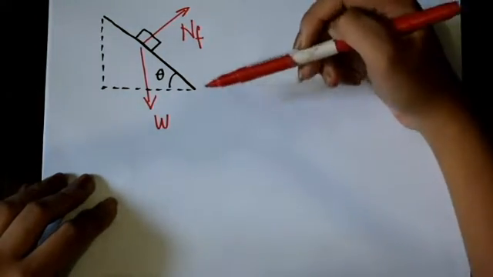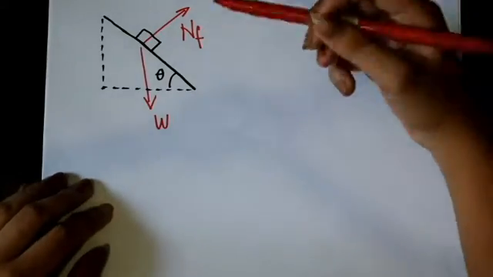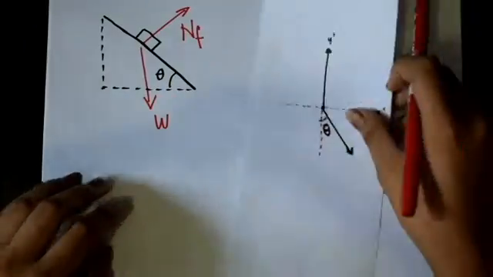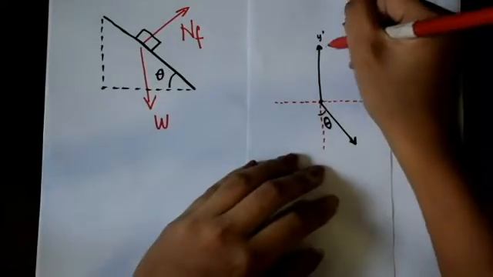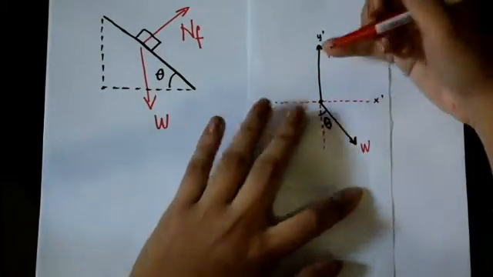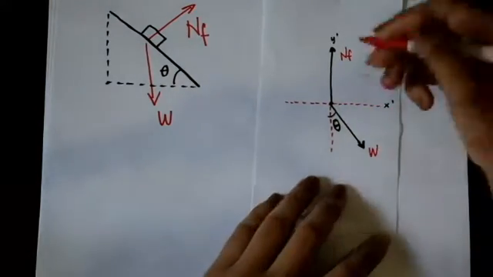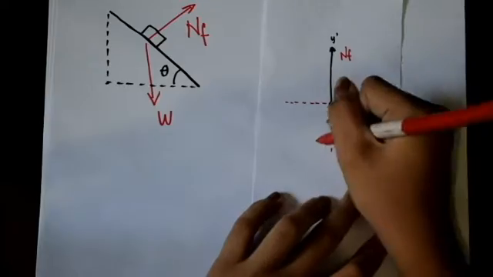Now, in order for us to fully understand the problem, we have to rotate its axis, and it will be like this. This will be the normal force and the weight. Since we have an angle, the weight has its component x and y.